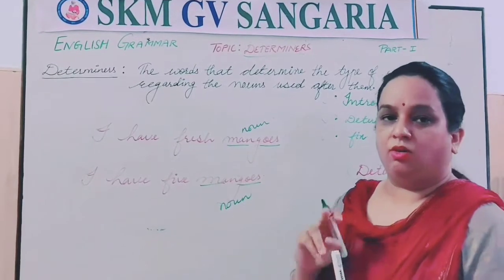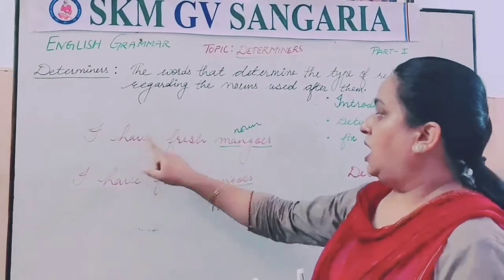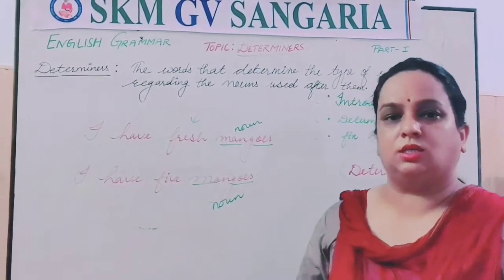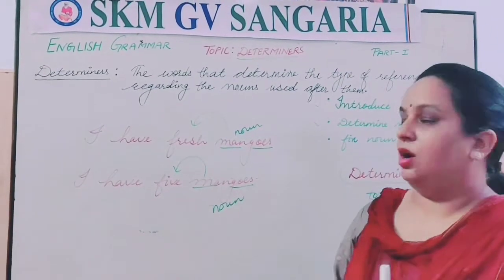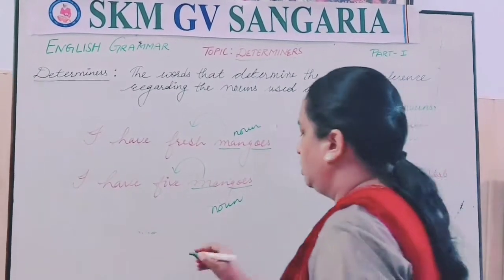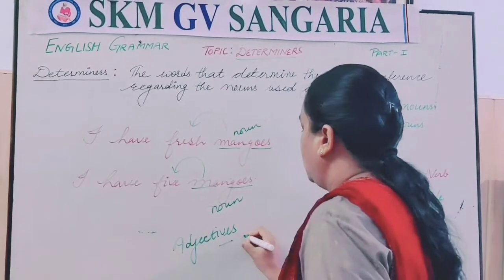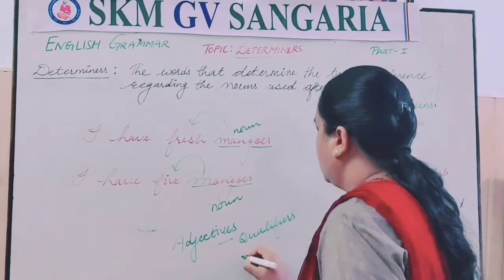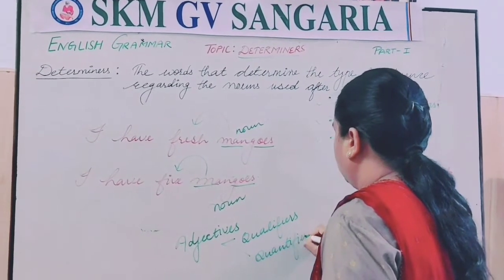This you have to keep in mind always. We are getting the difference between the adjectives and the determiners. Clear? Now, I have fresh mangoes. This is the noun, so the word before that would be an adjective or a determiner. Here also mangoes and then 5. Now I have to tell you one very important thing here, that adjectives are qualifiers also and quantifiers also.